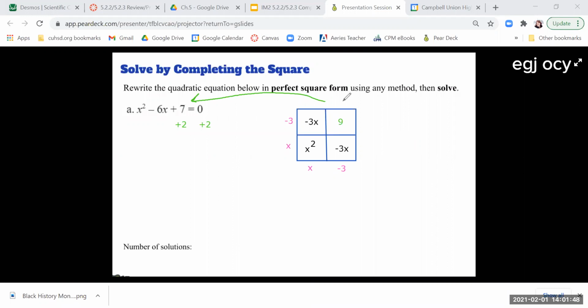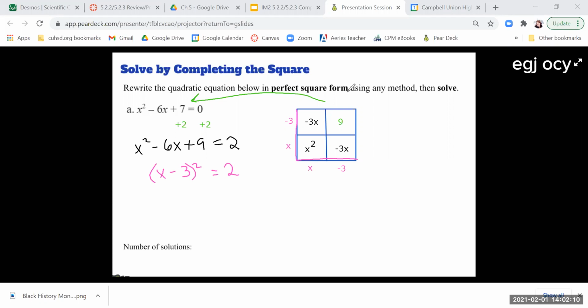And now I have x squared minus 6x plus 9 equals 2. And then I can just factor this because I have my factors already in my diagram on the edges. This is x minus 3 squared equals 2.